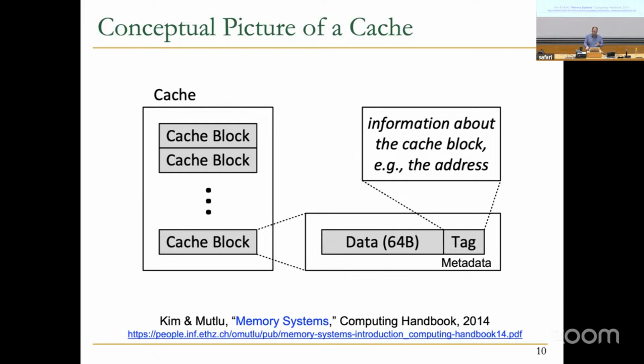So that tag is helping you. And that's not the only information that we store in the tag. We also need to store other information, for example, whether or not we have accessed this cache block, or whether it is valid or not. All this metadata needs to be defined in this tag array.